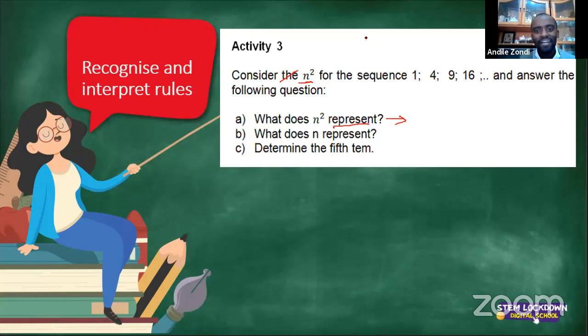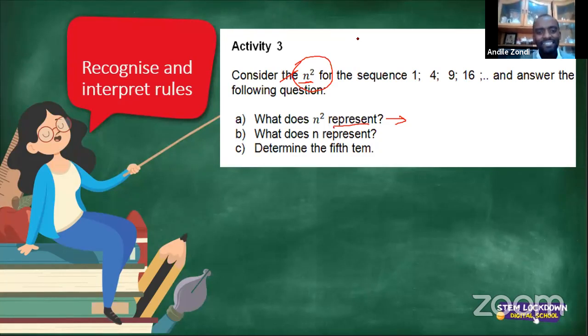Please give me answers on your chat. What is n to the power 2, learners? What does it represent? Your answers are correct.